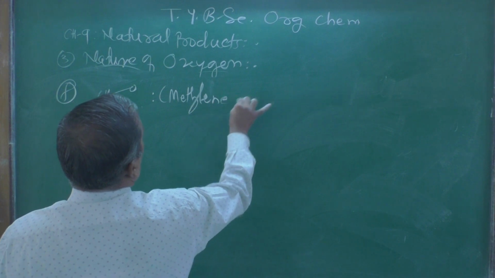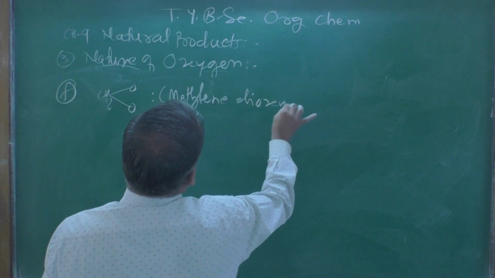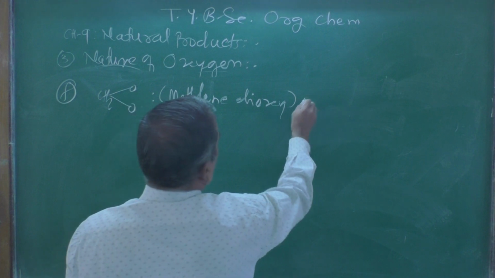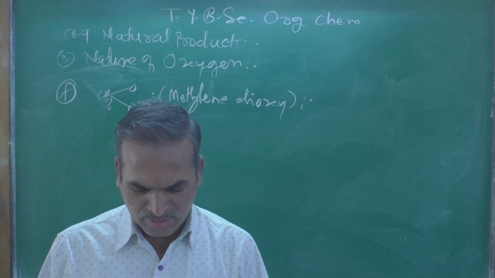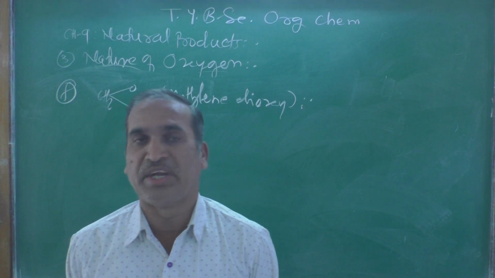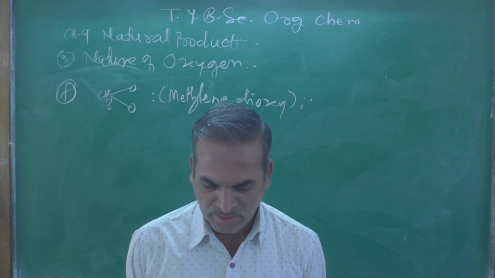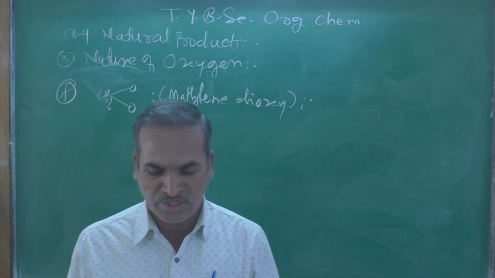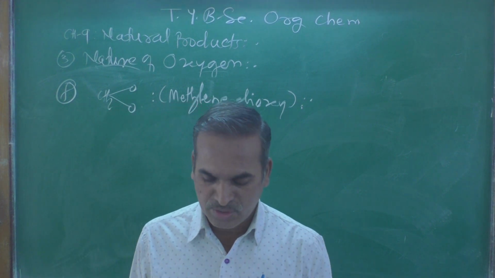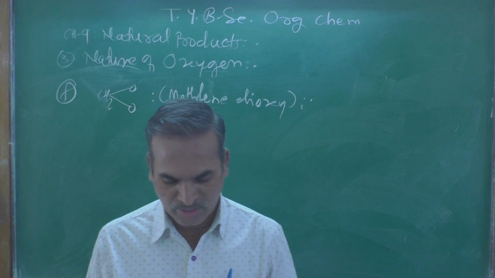Methylene dioxide. This is a group we know in the given compound. The presence of this group is indicated by the formation of formaldehyde when alkaloid is heated with concentrated H2SO4 or hydrochloric acid.